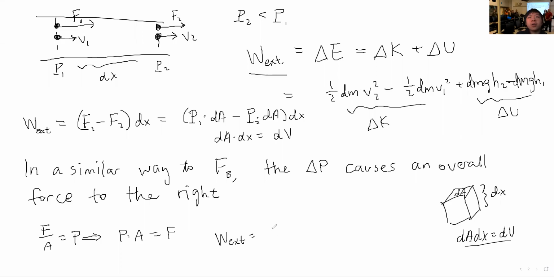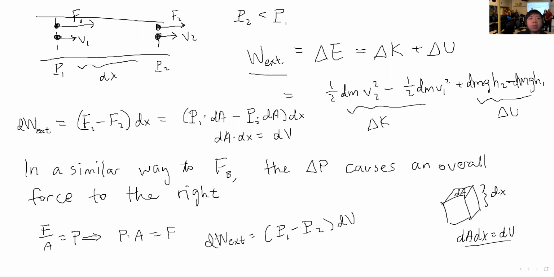Okay, so external work is then just equal to P1 minus P2 dV, right? And this is also a small part of the work done, PV work. This connects to chemistry as well.